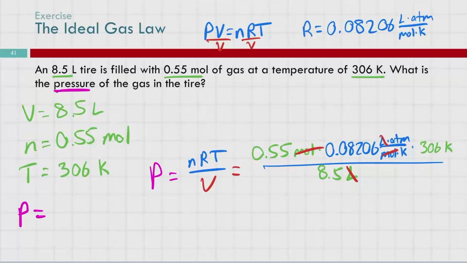Lots of units cancel out, and we're left with atmospheres. We get 1.6 atmospheres, which is about 24 psi. So probably need to put a little bit more gas into our tire. For most of us, that's a flat.